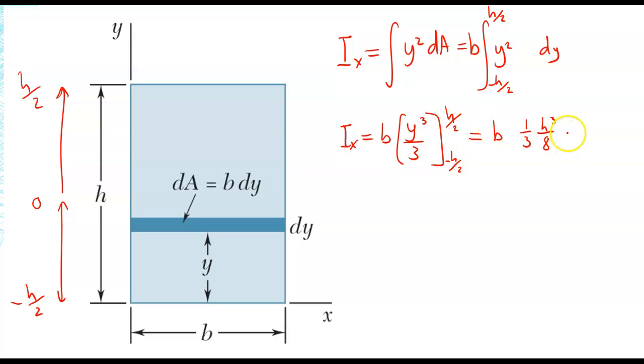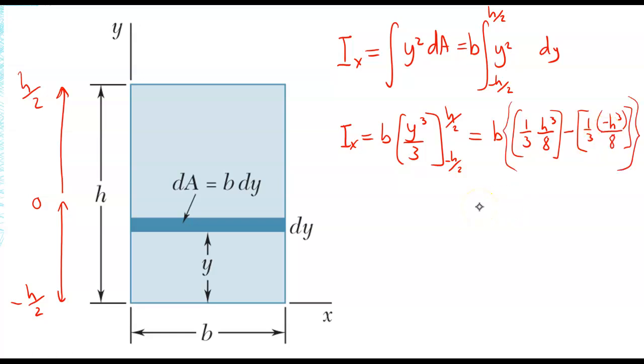So that's h over 2, and then that's going to be minus, so let's put a little bracket around there, and then we're going to plug in our second limit, so that's going to be 1/3 minus h over 2, so we're going to cube that as well.